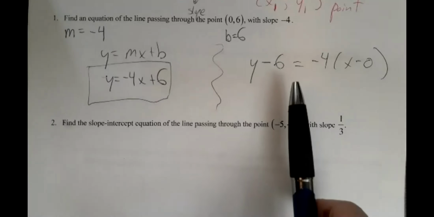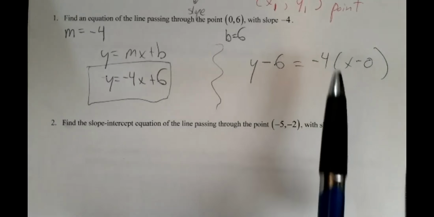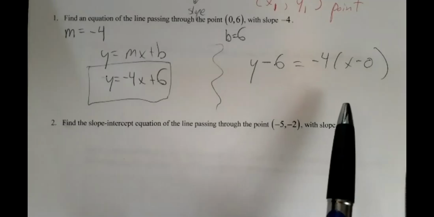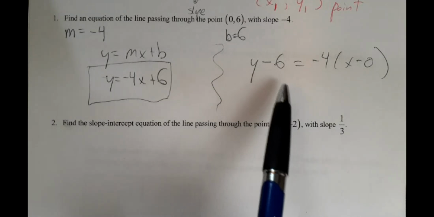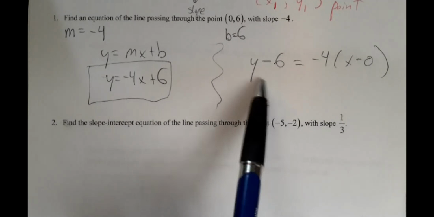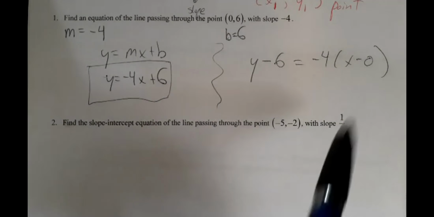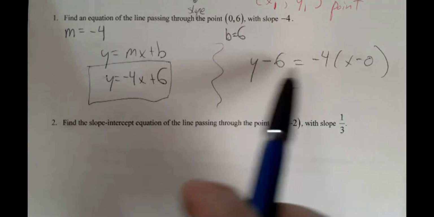One of the problems with point slope form is that it requires a point and a slope, right? We know the slope is always going to be the same, but what point are we going to pick here? Technically, there's an infinite number of points on a line, so there's an infinite number of ways you could write this and it still be correct.